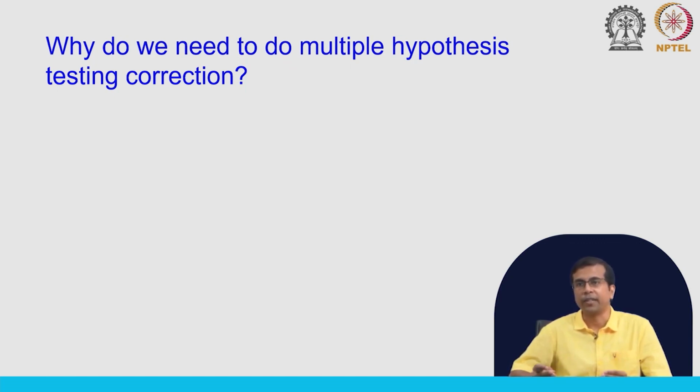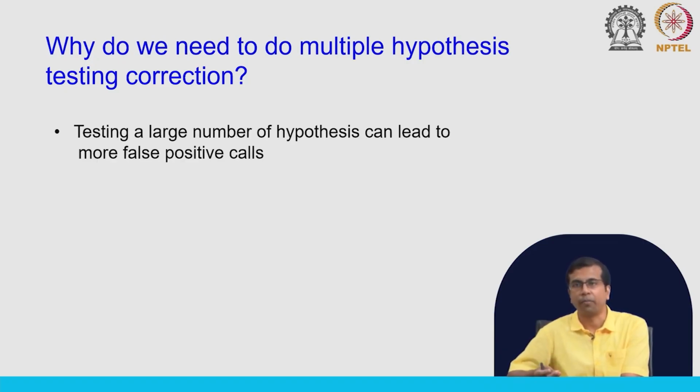In today's age where you are probably testing a lot of hypotheses, you need to do this multiple hypothesis testing correction, otherwise you will get erroneous results and erroneous inferences. You need to do this for all cases where you are testing multiple hypotheses, and especially a large number of hypotheses.